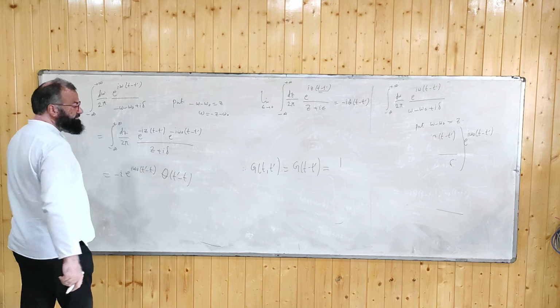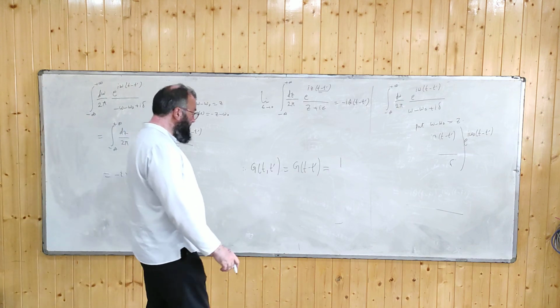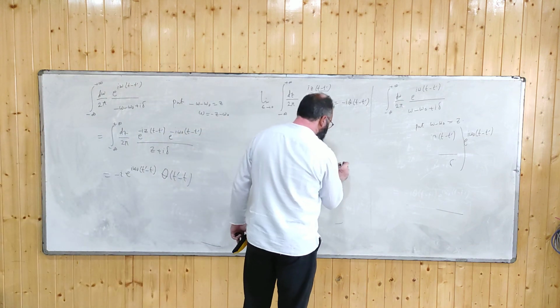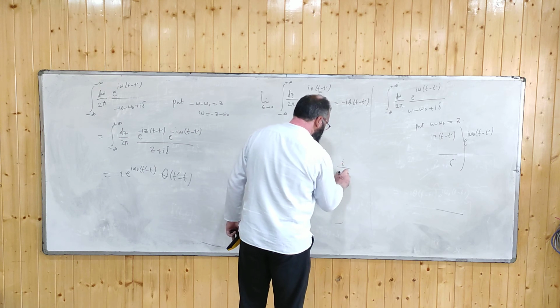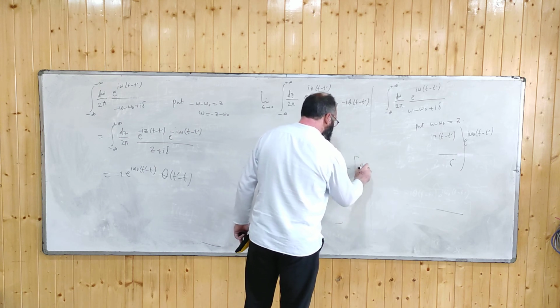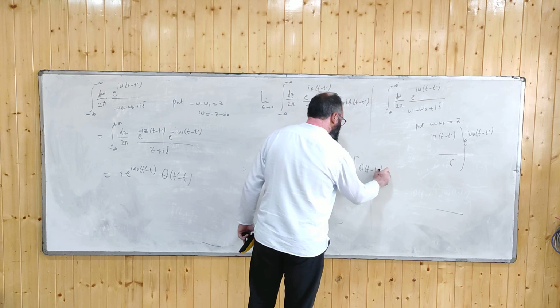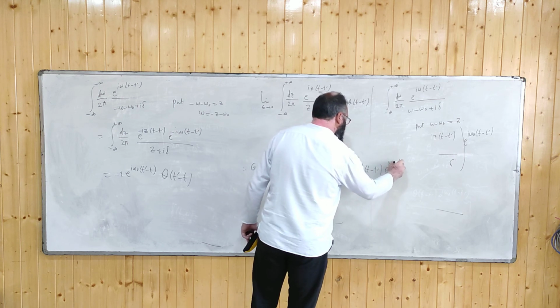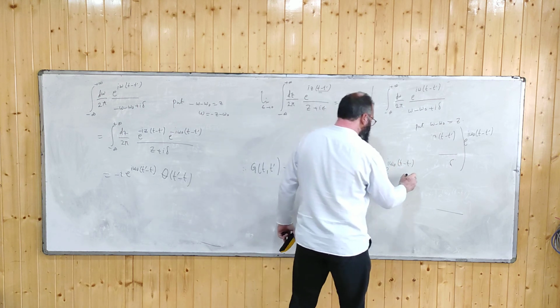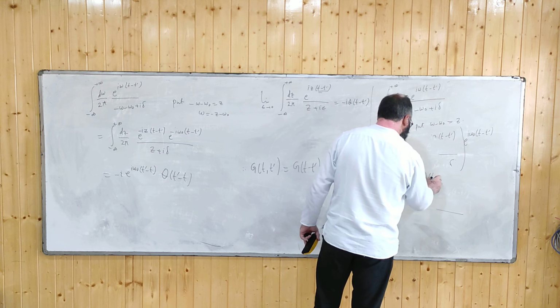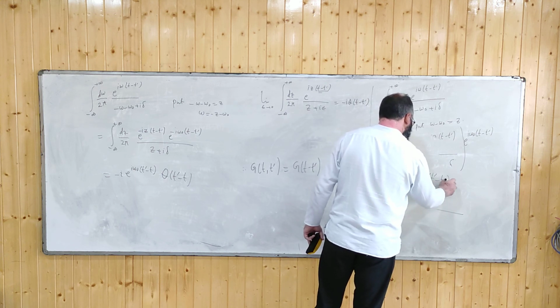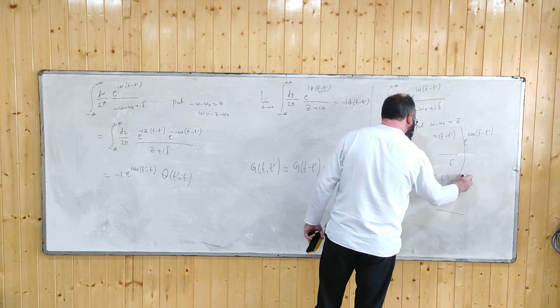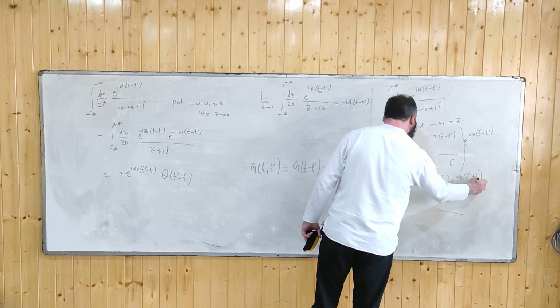So I am getting i divided by twice omega naught, theta of t minus t prime, e raised to power i omega naught (t minus t prime), plus theta of t prime minus t, e raised to power i omega naught (t prime minus t).